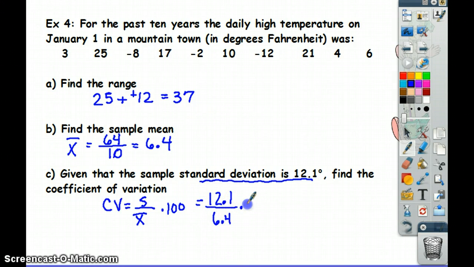And then to make that into a percentage, I'm going to multiply by 100. Plug that in your calculator. I got 189.1%. So the coefficient of variation, 189.1%.